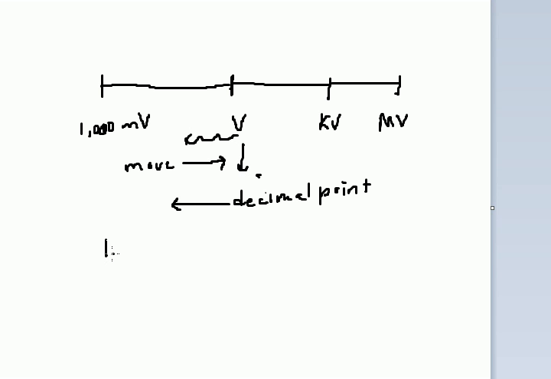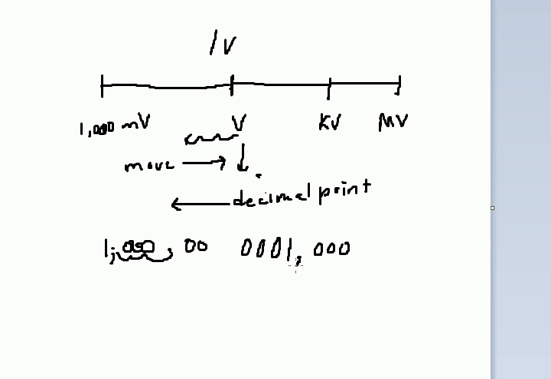So if I take it and I've got 1,000, and my decimal point is actually right here, if we move it back 3 spots in that direction, I'm going to get 1. So 1,000 millivolts is equal to 1 volt. Now as I continue moving this way, I'm going to move it back 3 more spots, right? So now I'm stuck here with a 1.000. And we know that if you want to add zeros to the left, it's the same number.